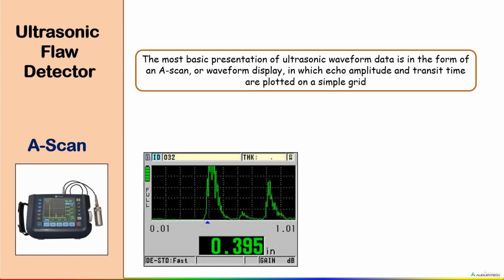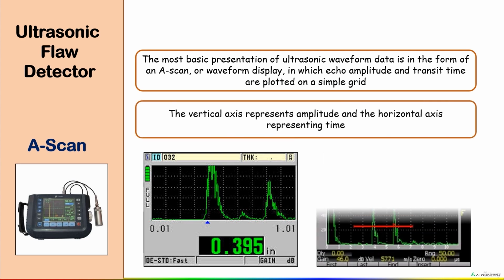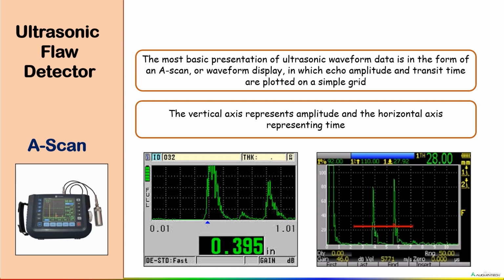A scan display gives only one-dimensional information about the given specimen. In this, a single transducer is used to transmit and receive the pulses from the specimen. The vertical axis represents amplitude and the horizontal axis represents time. A typical A-scan display is shown here.